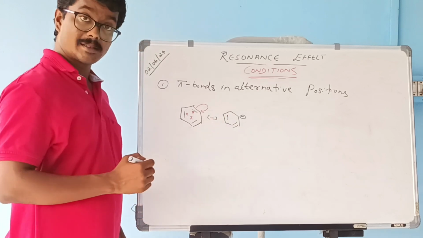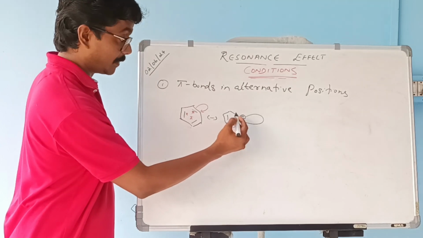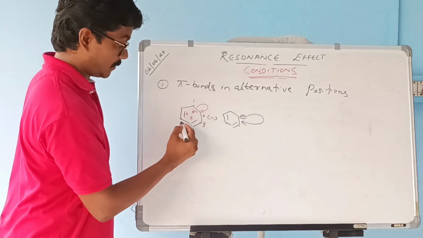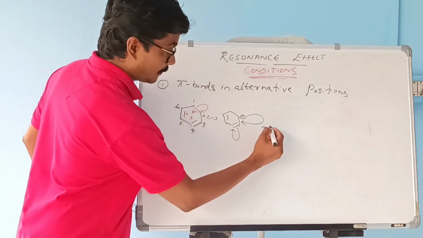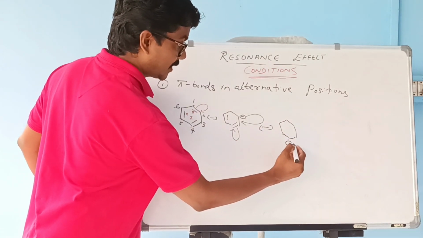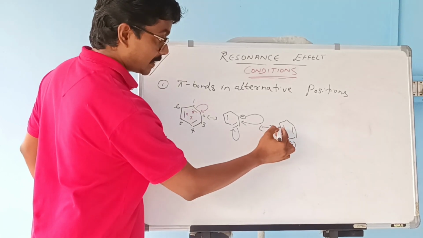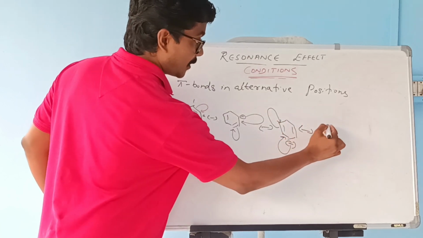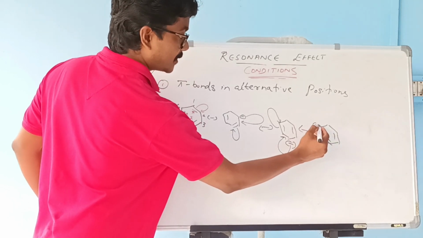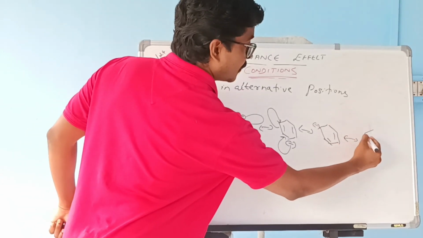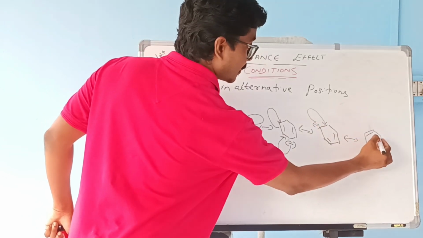The pi electrons move to the adjacent bond, numbering the carbons 1, 2, 3, 4, 5, 6, and the negative charge moves around the ring, with the double bond shifting to the terminal carbon. Finally the negative charge comes here and a double bond comes here.